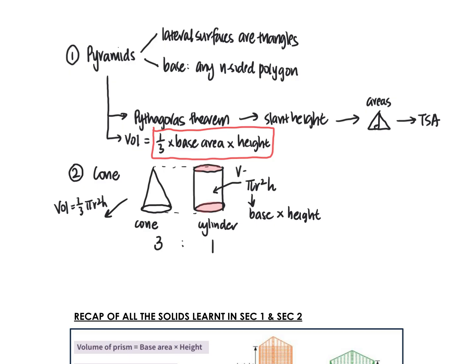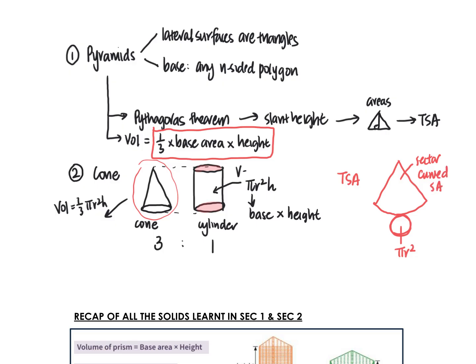Okay, third one, total surface area. In case I forget, when you unroll this, you will get a fan. Okay, and then a circle here. So this thing here actually is called a sector. You will learn this in Sec 3. Plus this circle pi r square. So how to find this curved surface area?